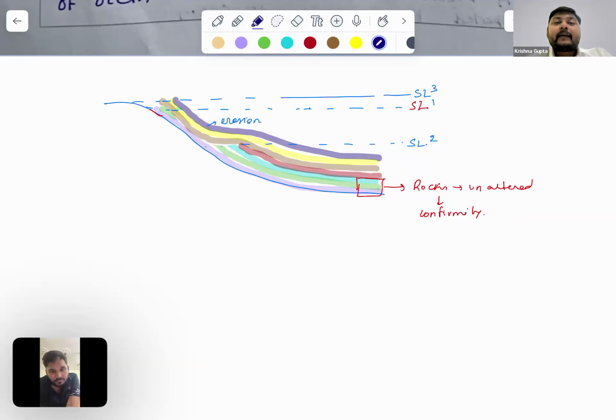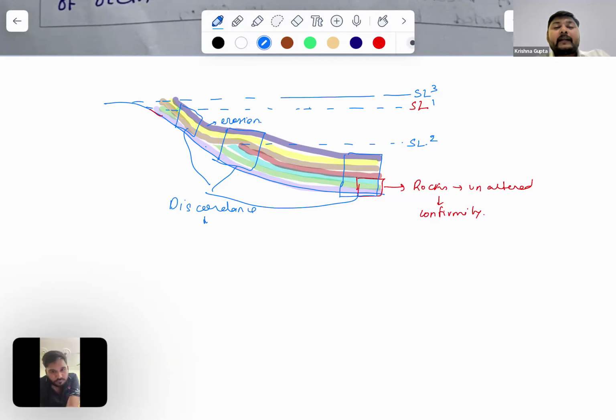So what we are seeing is that in the contemporary time period, if I take a sample of rock from this region, and another from this region, and a third sample from this region, I will see the presence of discordance. That is, the rocks are eroded in certain regions and not eroded in others.